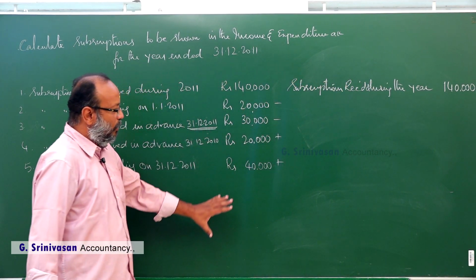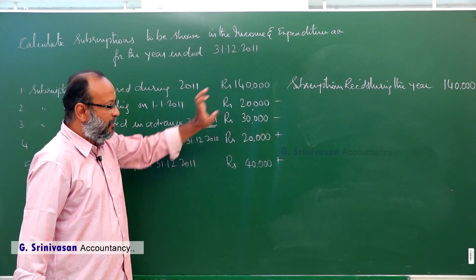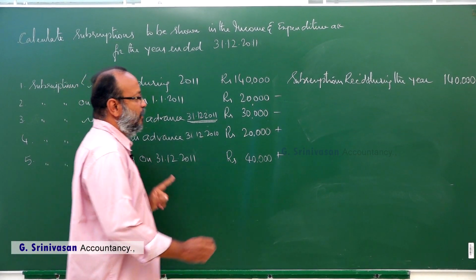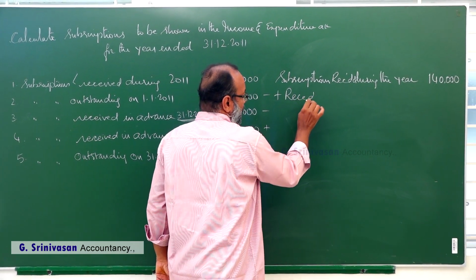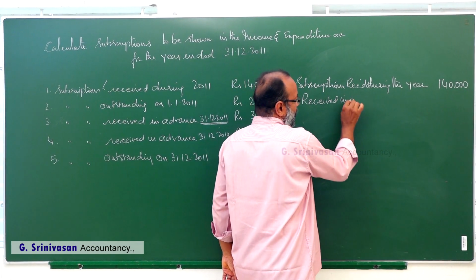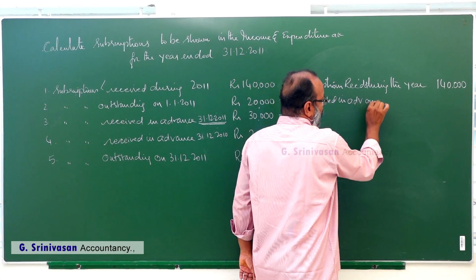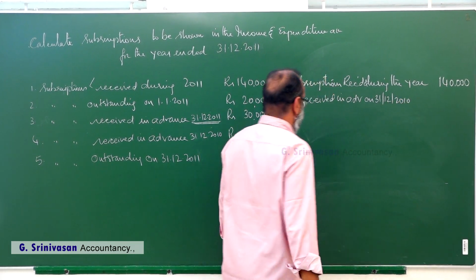The next one, whatever has to be added, we add, and then we go on with the deduction part. Now, first one is what? Add received in advance on 31/12/2010.